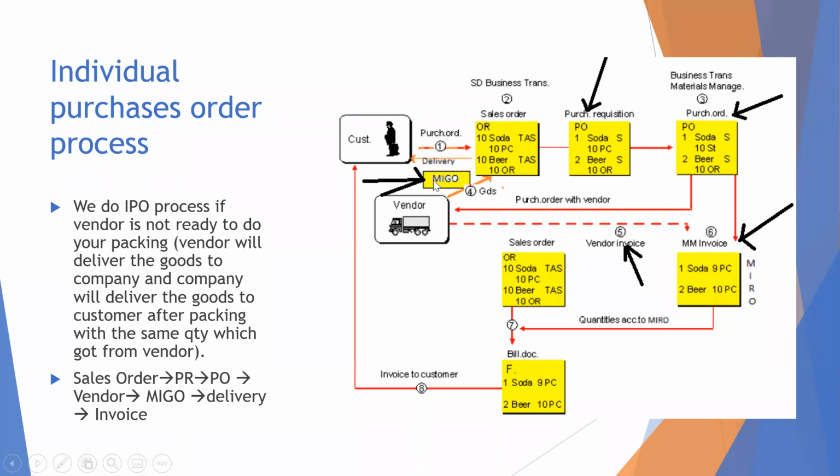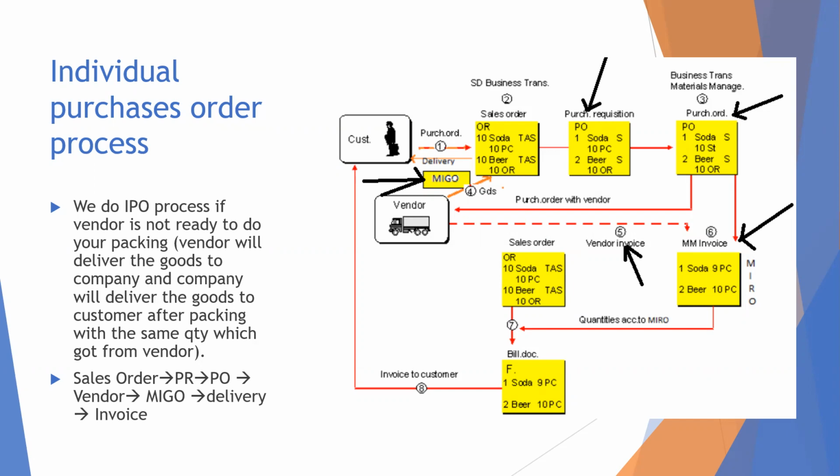You can see here MIGO is created. Once the MIGO is created, the system generates the MIRO invoice. After the invoice is created, again the stock will be delivered directly to the company, then the company will deliver the stock to the customer. And if you see the previous process, the vendor will directly deliver stocks to the customer. If you see here, the vendor will not directly deliver stocks to the customer.